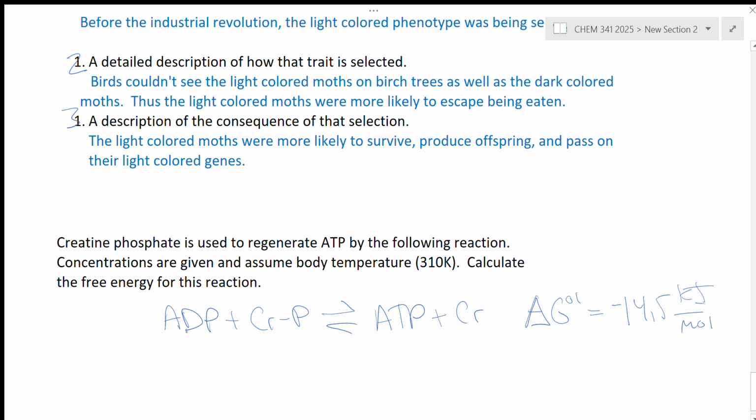Okay, let's say our ADP concentration is what it was before, which was 3.0 times 10 to the negative fourth molar. We don't have much time anyway. Our creatine phosphate is going to be 3.0 times 10 to the negative 2 molar. Our ATP is going to be about 5 millimolar, so 5.0 times 10 to the negative 3 molar. And our creatine is going to be really low when we start this, so let's call it 1 times 10 to the negative 4 molar.